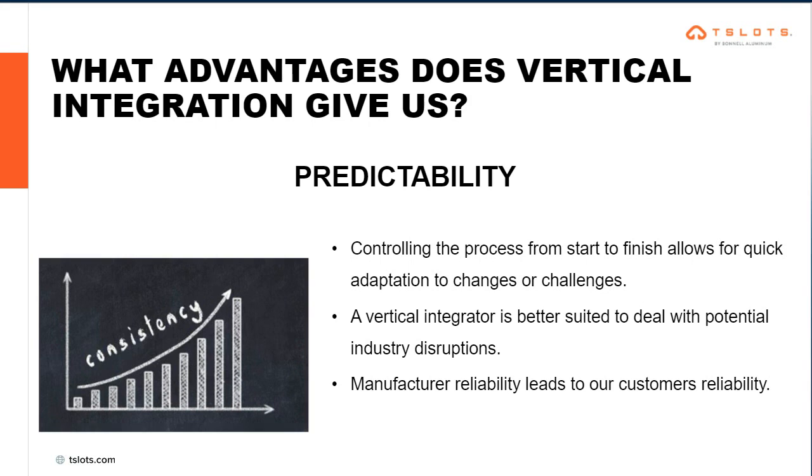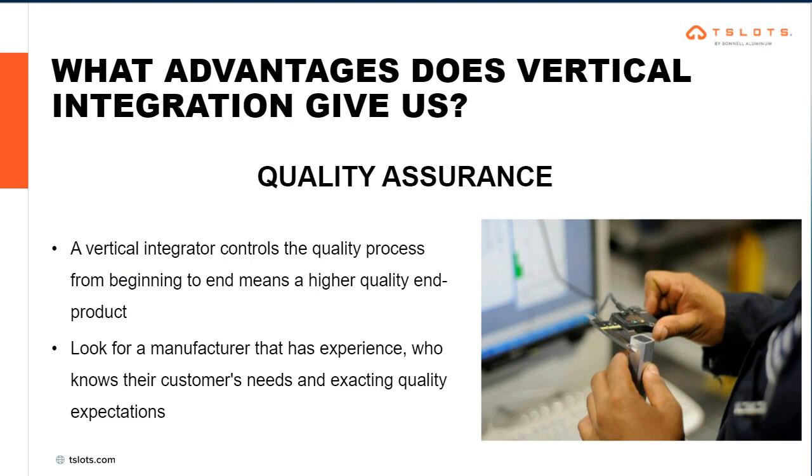That reliability is really what is going to retain your customers, and they really understand how important that is. On top of that predictability measure, another key one is quality assurance. I did see that this was maybe lower on the first poll, but again, this is still something very valuable that we have seen, especially with vertical integration.